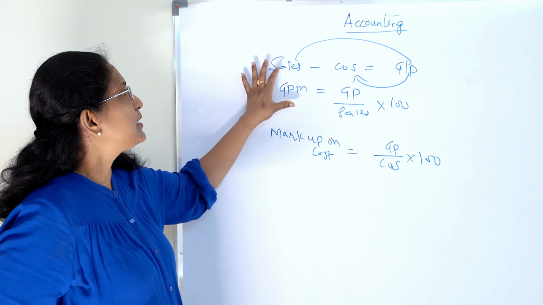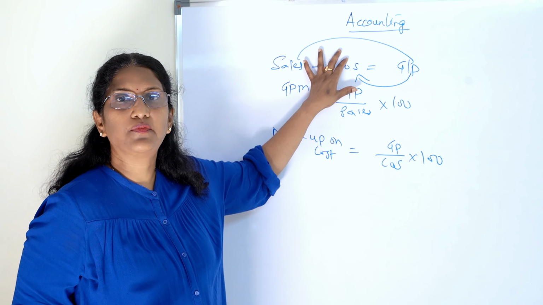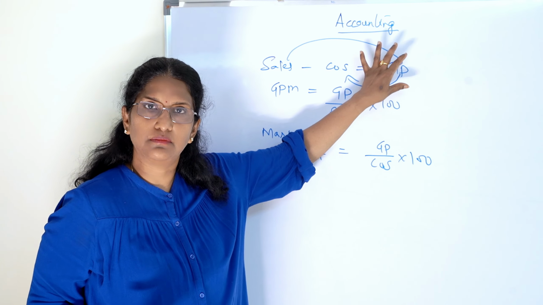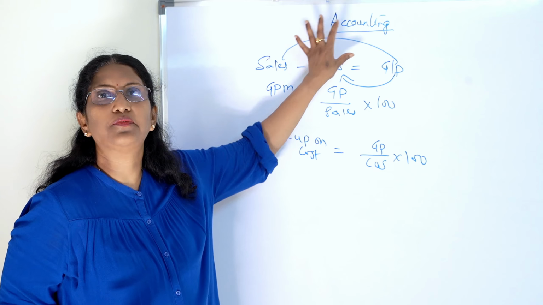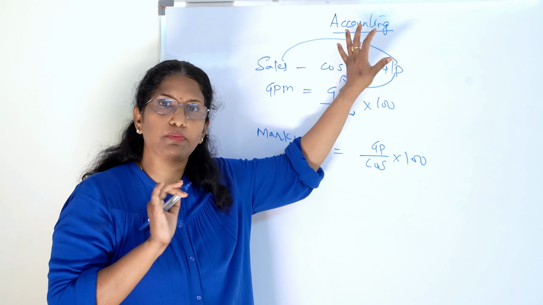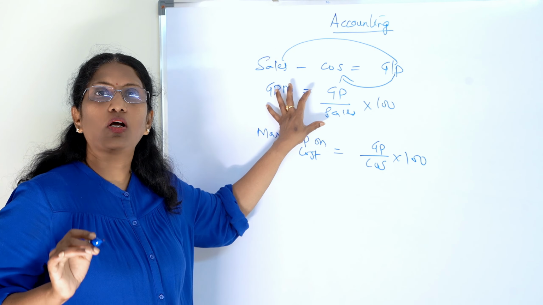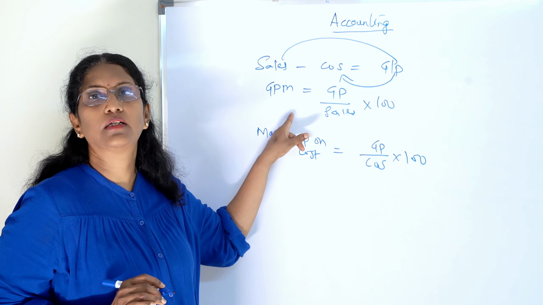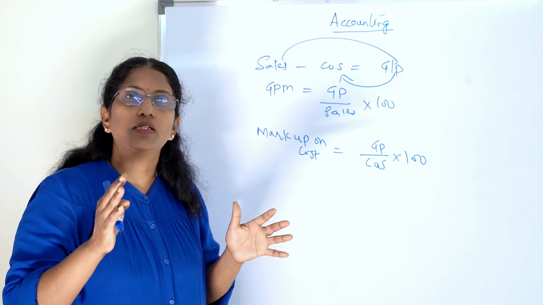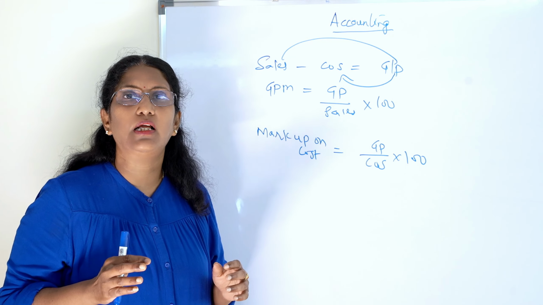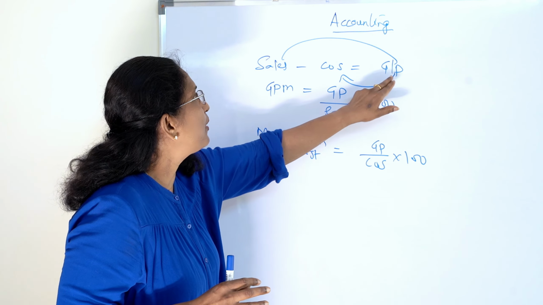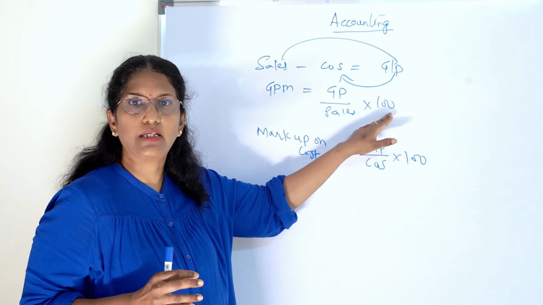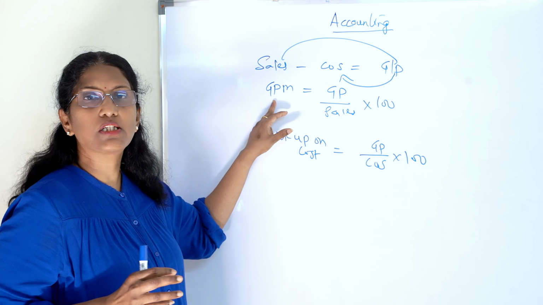So if sales is given and cost of sales is given, very easily we can calculate gross profit. We just have to subtract it and we get the gross profit. If we have to calculate gross profit margin, that is gross profit upon sales, I will use this formula. Basically, try to understand. Don't remember only the formulas. So, gross profit upon sales into 100 gives you the gross profit margin.